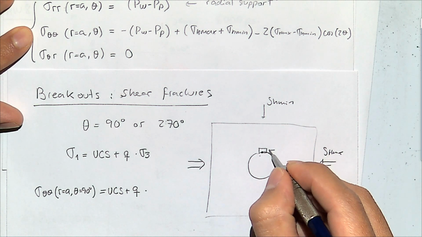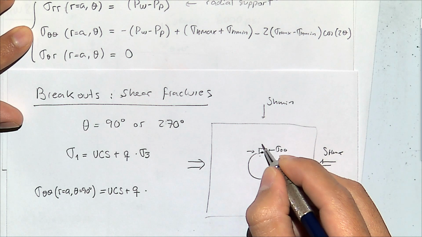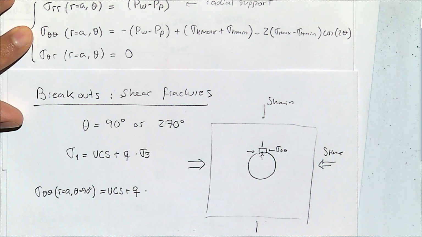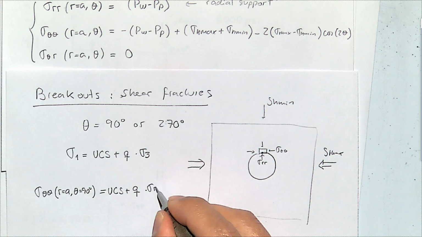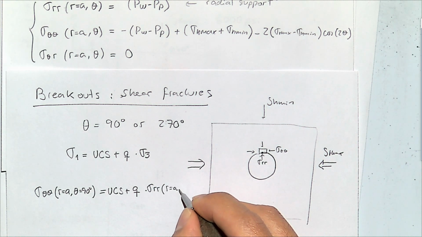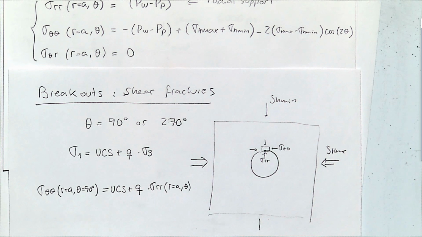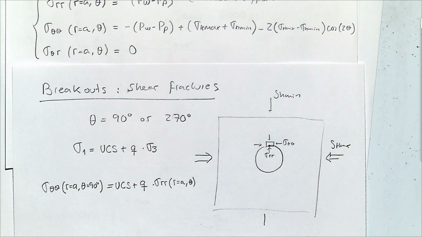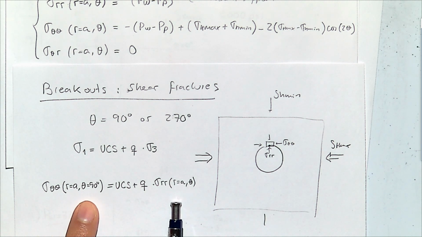And sigma 3 is going to be what? Sigma RR, at R equal to A, and it's the same everywhere, so I'm not going to write which theta because it's the same. So that's it. The only thing we have to do now is to put what is sigma theta theta at these 2 parameters and what is sigma RR.